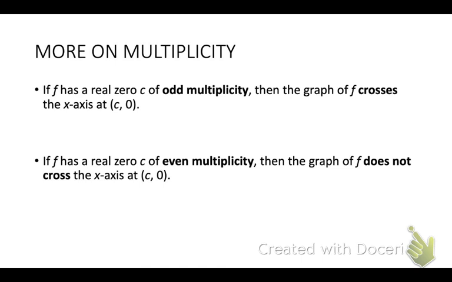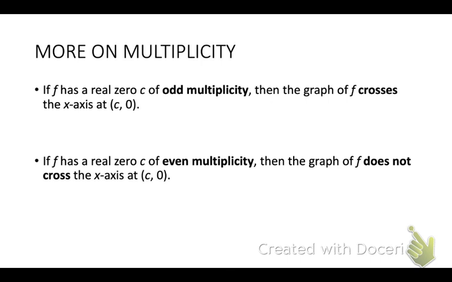So if your f has a real zero c that has an odd multiplicity, so the multiplicity is 3 or 5 or 7. That would be a bit crazy if you had a multiplicity of 7. But if it had an odd multiplicity, then we know that graph is going to cross the x-axis at whatever that zero is.